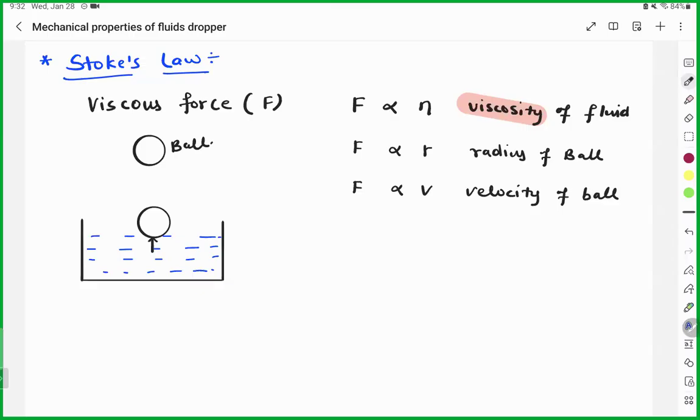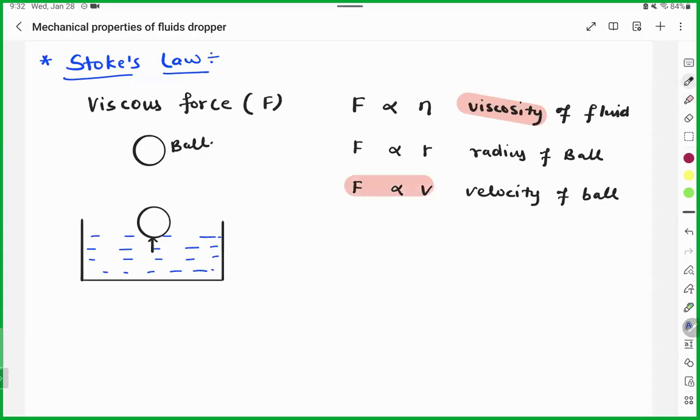Yes, sir. No, the opposite. If the body falls with high speed, there will be more viscous force because more upward force will be felt. Okay, yes, I understood now. It directly depends upon the speed. More speed, more viscous force.